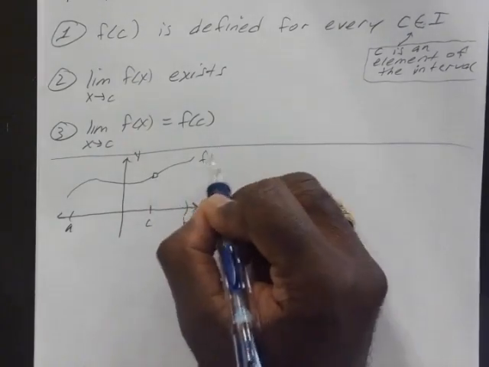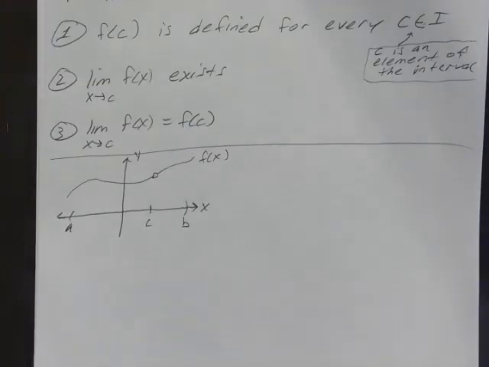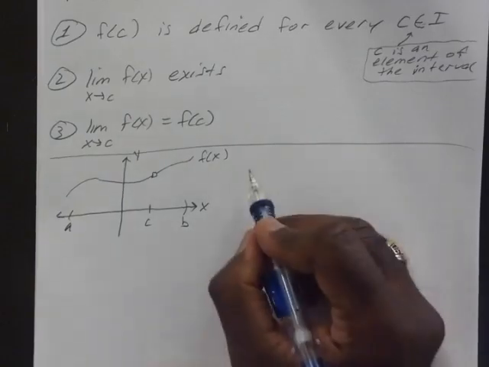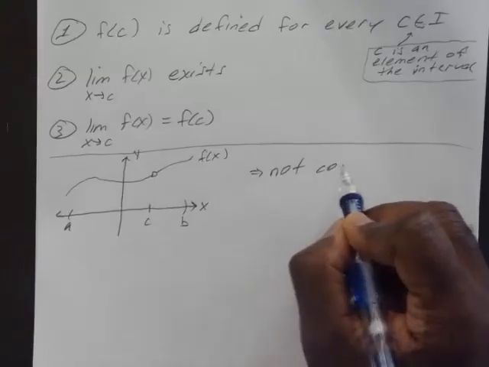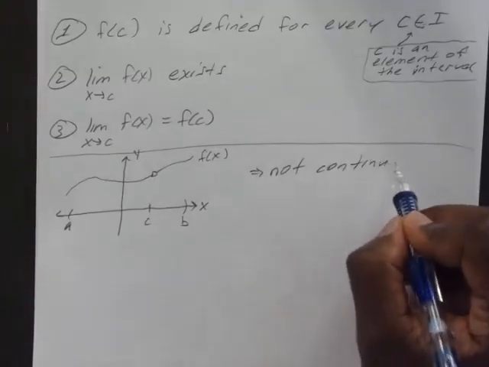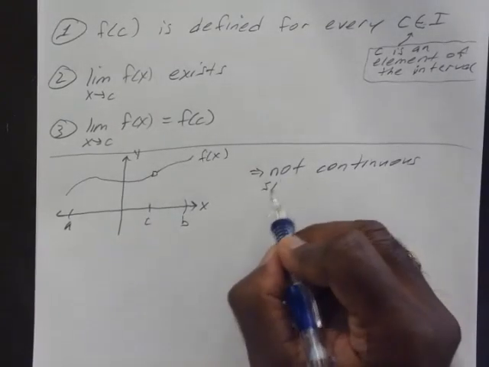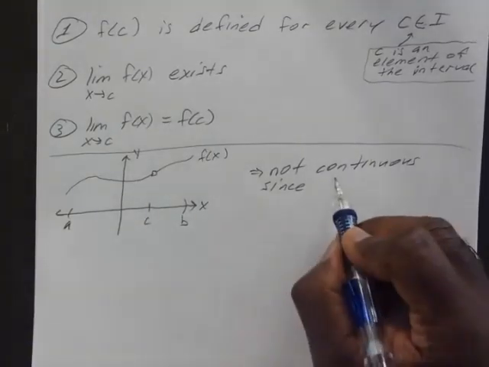And this is your function f of x. Okay, so we can see here this is not continuous since f of c is not defined.